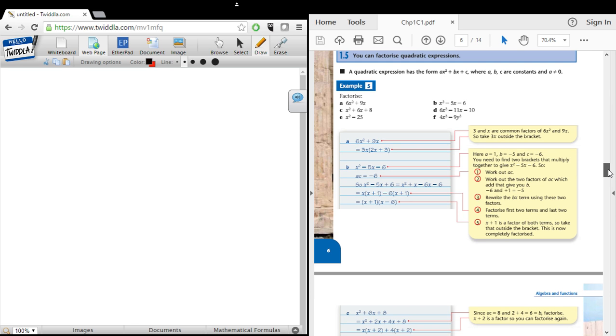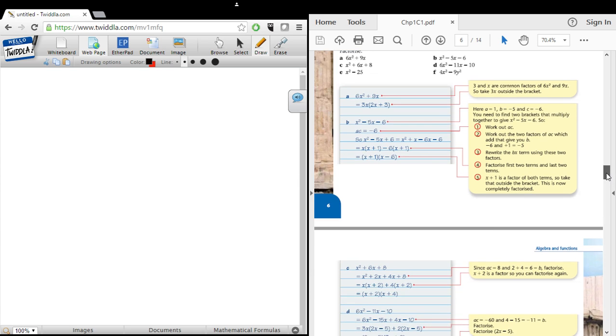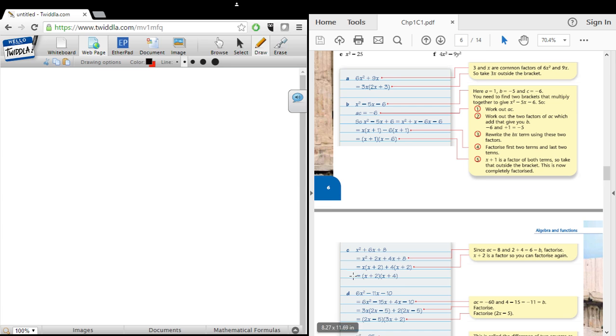Now if we just scroll down ever so slightly, we'll also see that there are other examples that follow a similar theme and a similar pattern. For this particular equation you can also see that if we had a 0 here on the other side, x would be equal to minus 1, x would be equal to plus 6, and so we could check again.